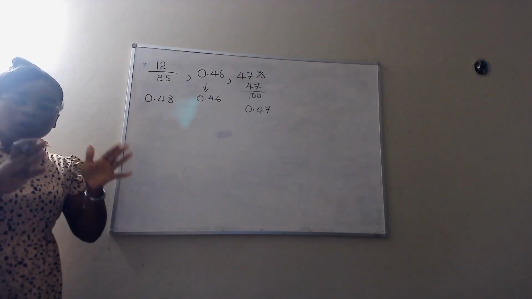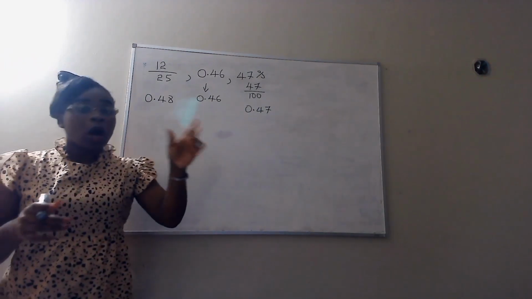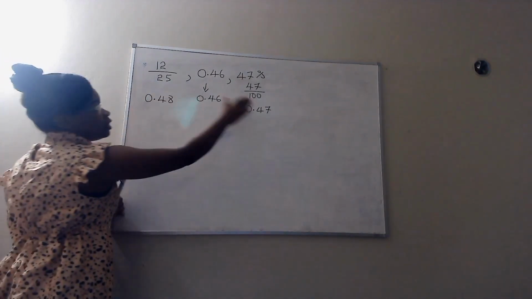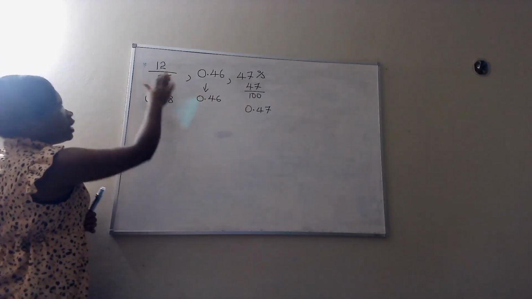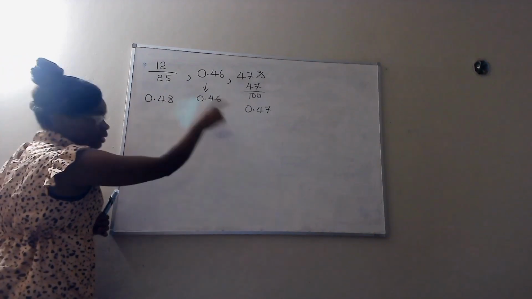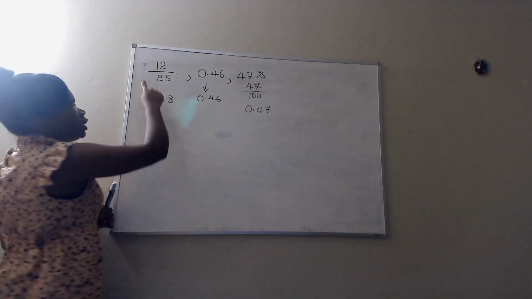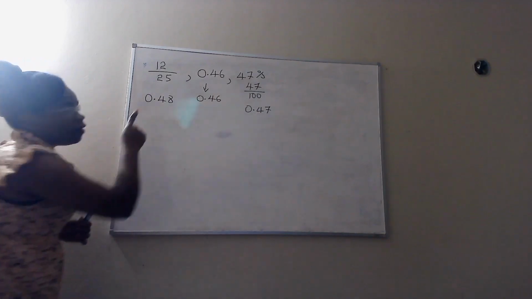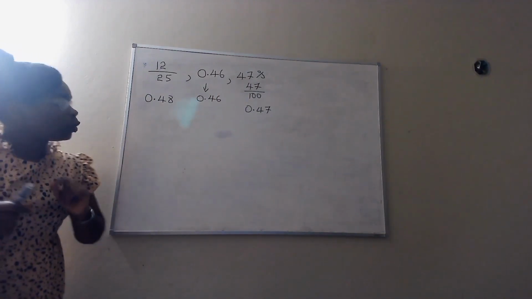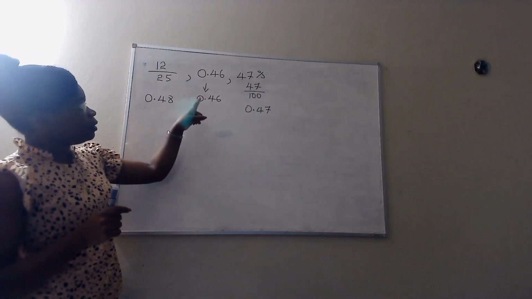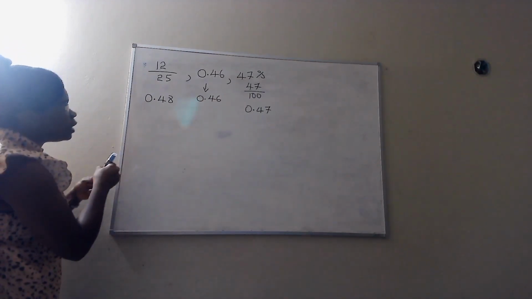Okay, so we're going to go ahead and arrange them. However, remember, we're only using the decimals as a guide. They gave us the above, not decimals. So we need to arrange the above in ascending order. Already we've established that the middle number is 0.47.